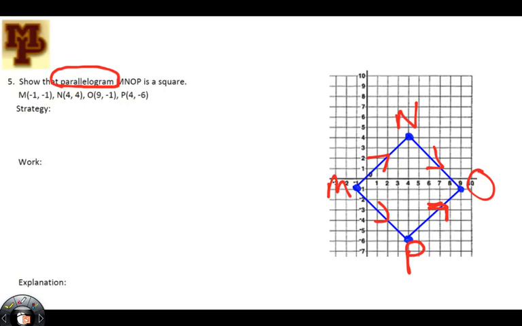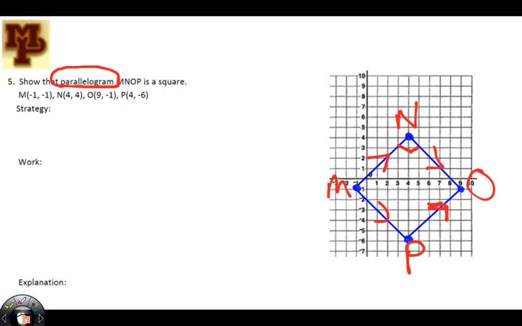So we probably could calculate some slopes and try to see if we've got, there's a couple ways to do it. That's the way I would do it. I would calculate slopes and see if you get opposite reciprocals, and then I would calculate the slopes of the diagonals to show that you have opposite reciprocals. That's the way that I like to do it. So that's what I'm going to say.